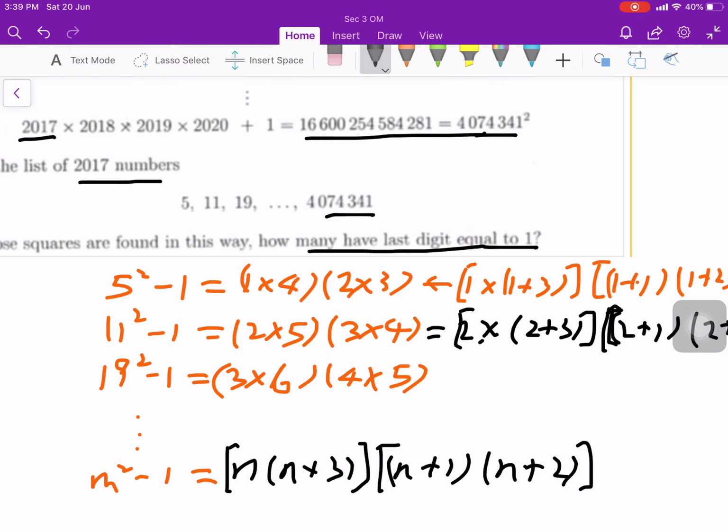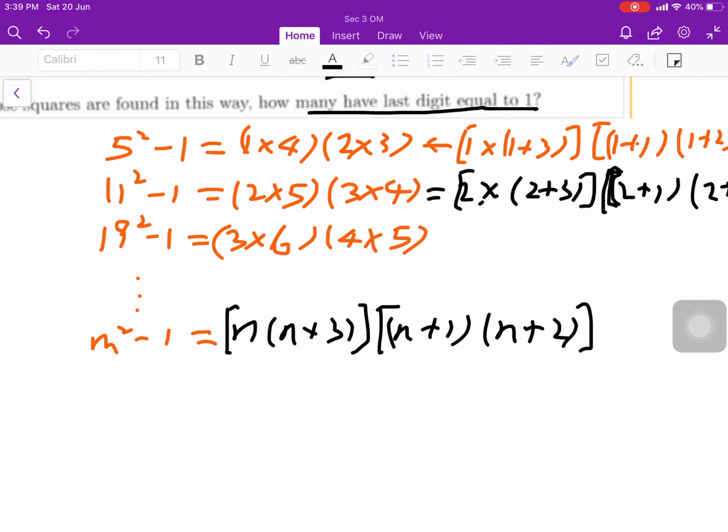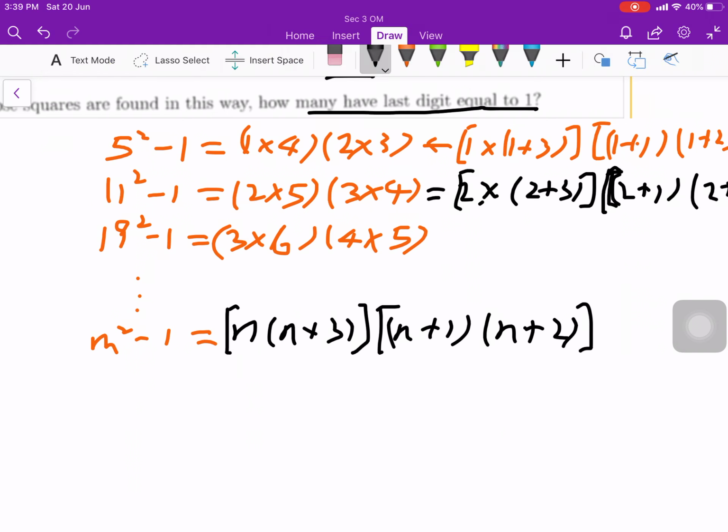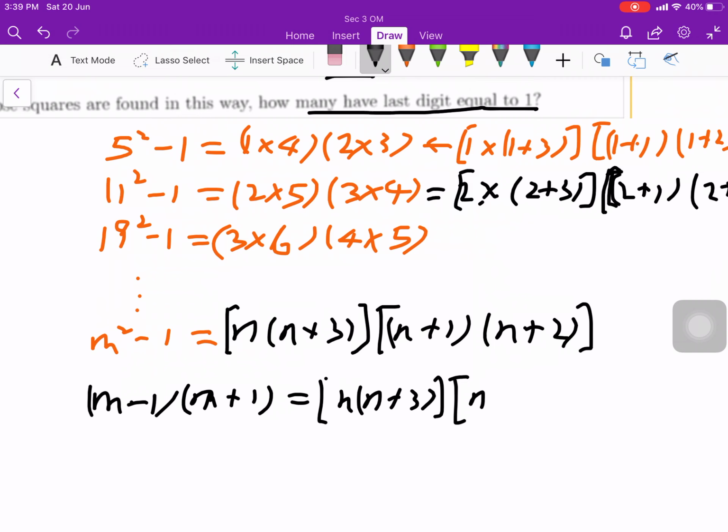Then obviously, your m squared minus 1 can also be factorized as (m minus 1) times (m plus 1). And that is equal to n times (n plus 3), and then multiplied by (n plus 1) multiplied by (n plus 2).